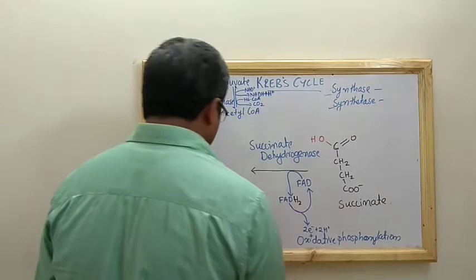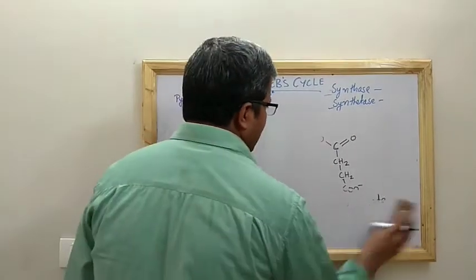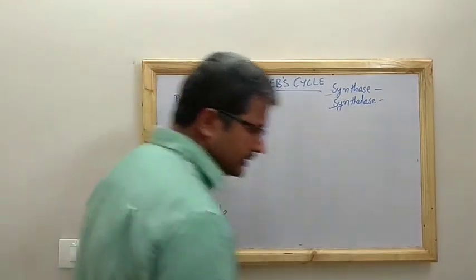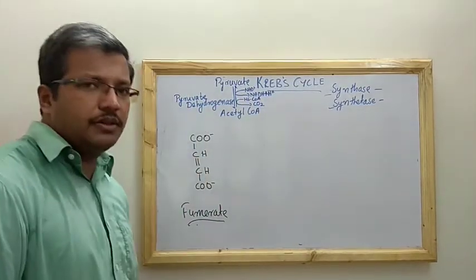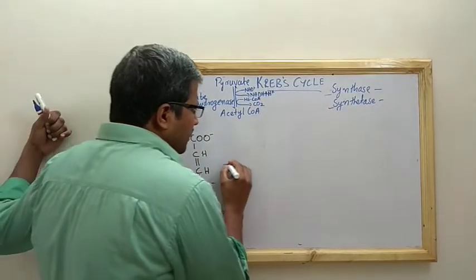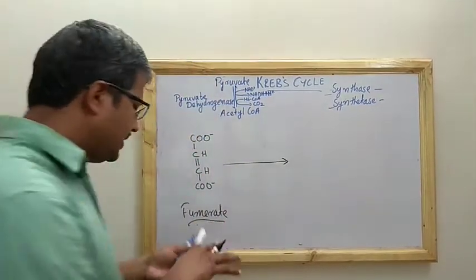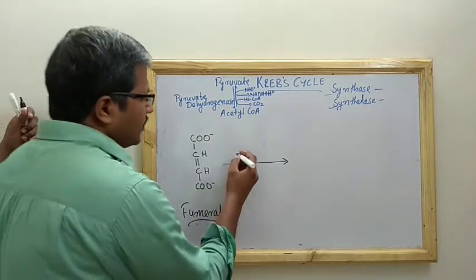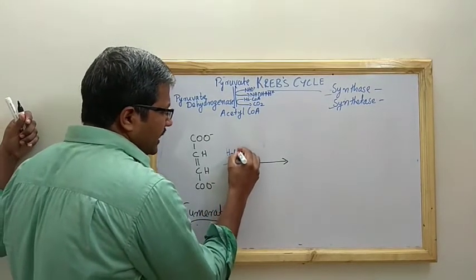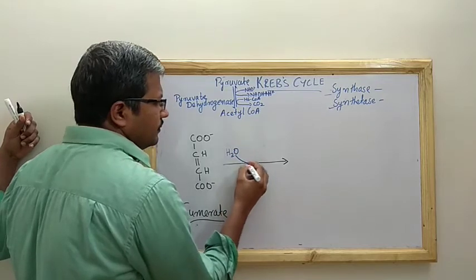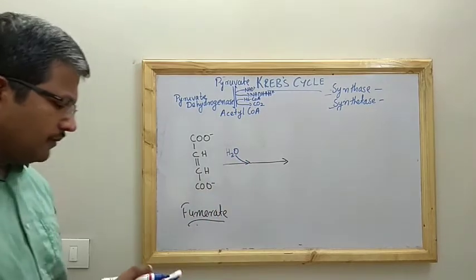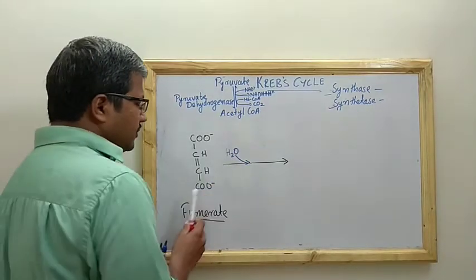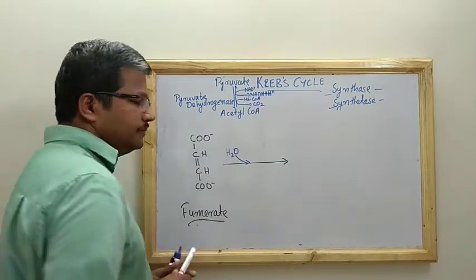So let us see the conversion of fumarate to malate. This is the second last step of the Krebs cycle. So I am adding water. H2O will be added, and as a result, one will be added here and one there.